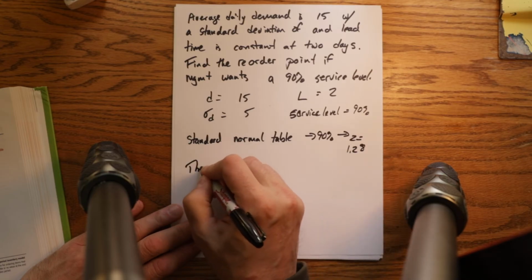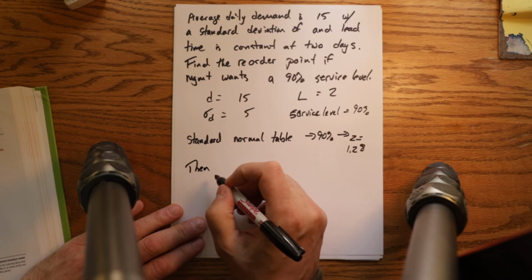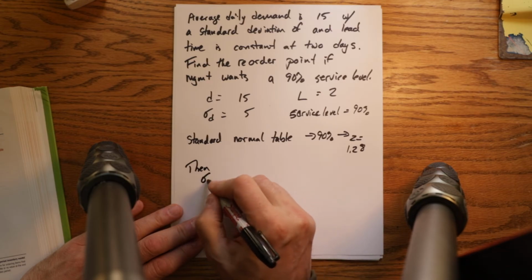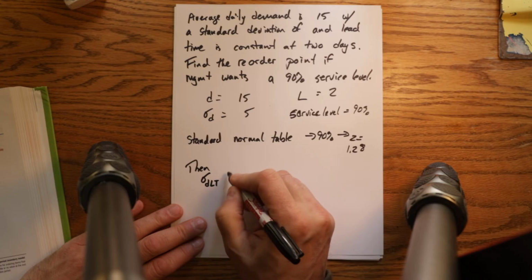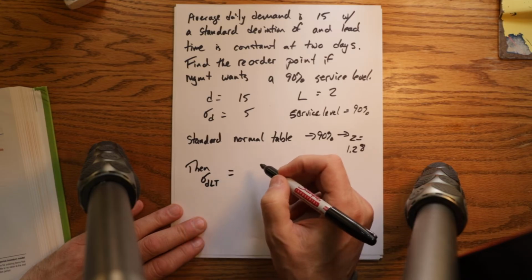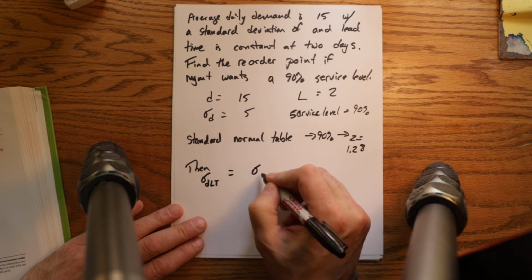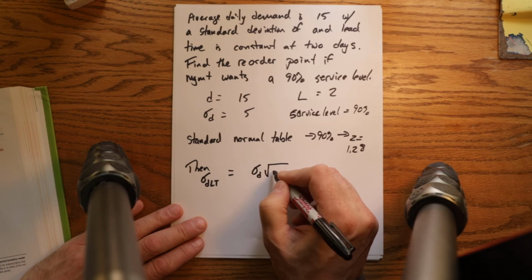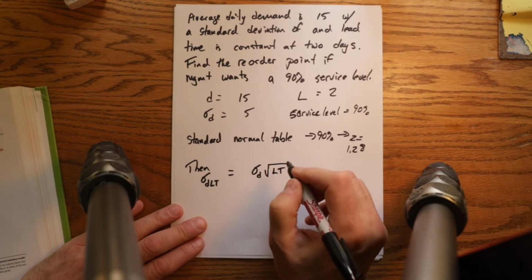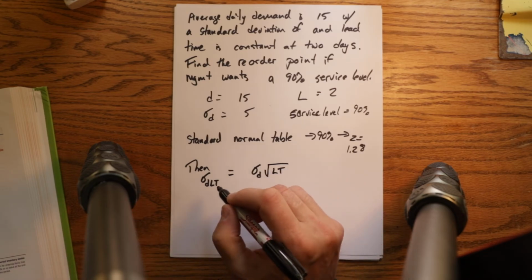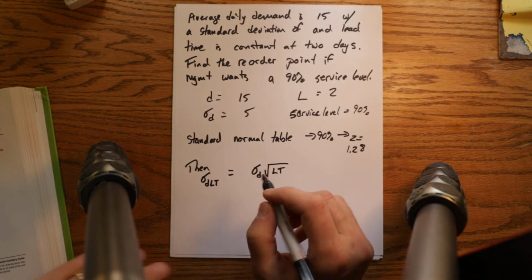Then the standard deviation of demand over lead time is equal to the standard deviation of demand times the square root of lead time. So that's the formula from that last page that we just did.